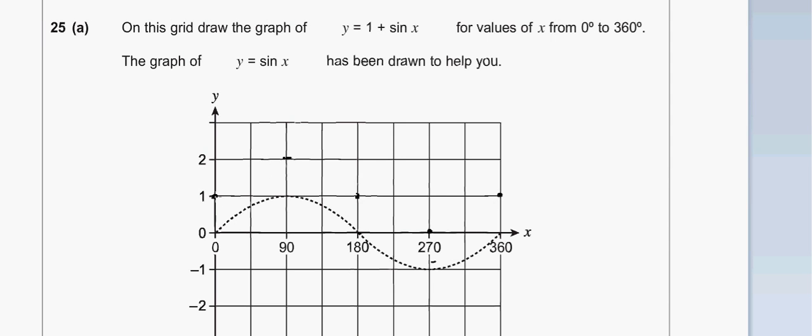So our graph will do this, okay, roughly. Okay, it would actually just kiss that point there. Okay, so if I just take this bit out here. Okay, so everything is the same, it's just been lifted by 1. That's all there is to it.